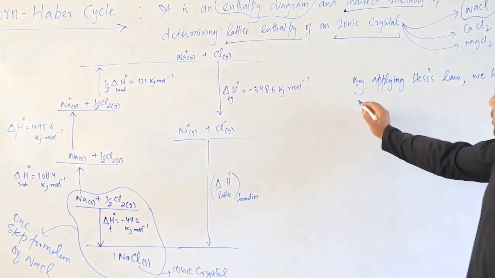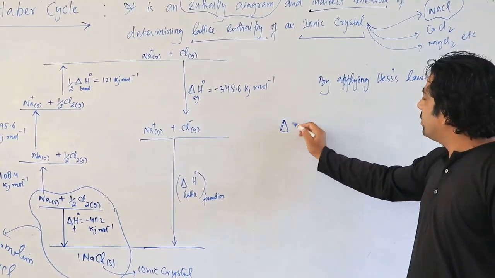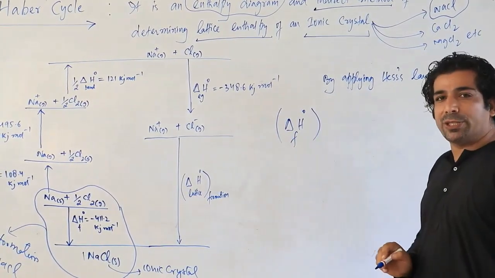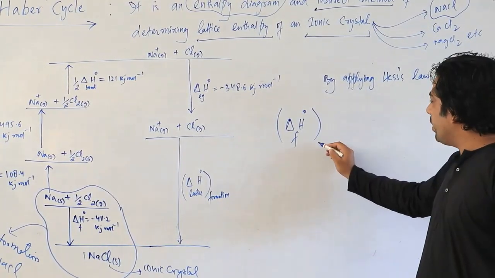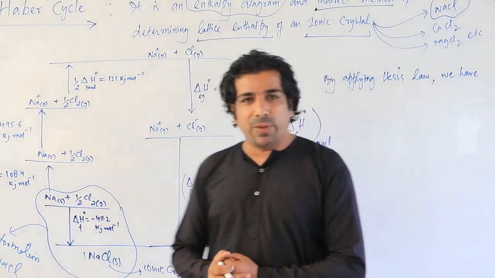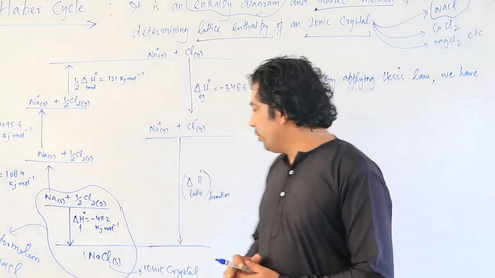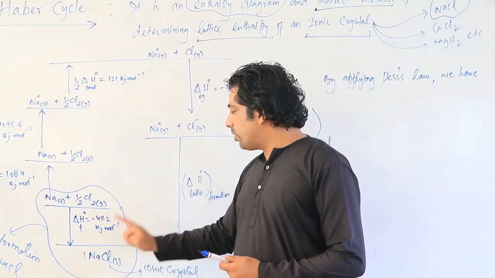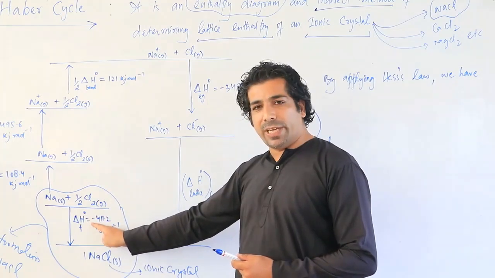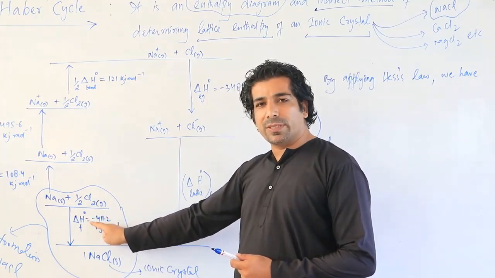So we have delta H formation. And it's a one-step reaction, my dear friends. We are forming NaCl. So here NaCl is formed in 1 step. And you know that this is an exothermic process. Energy is released, my dear friends. The minus sign will tell you that this is an exothermic process.